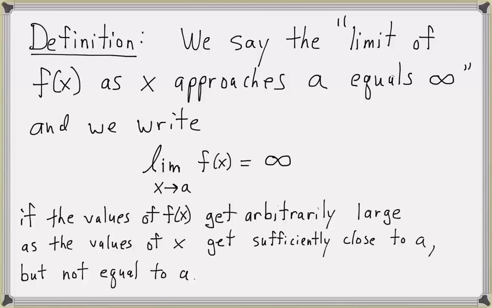And again, you could define this similarly for left-hand and right-hand limits. But the idea is the values of the function are growing without bound. They get arbitrarily large. And so we say the limit of f of x equals infinity. Again, I want to emphasize that the limit as x approaches a of f of x does not exist. We just say that it equals infinity because it does not exist in a special way.